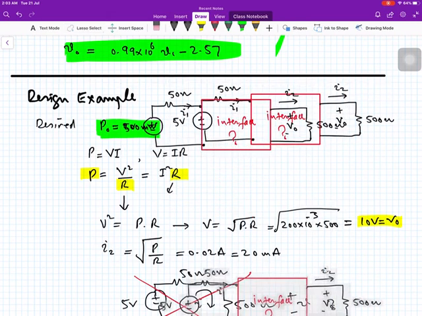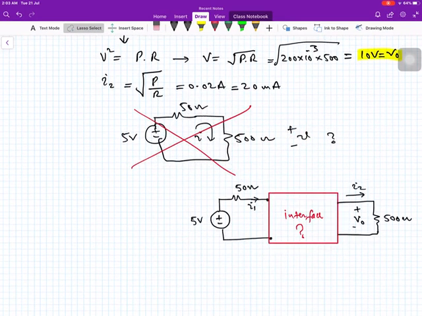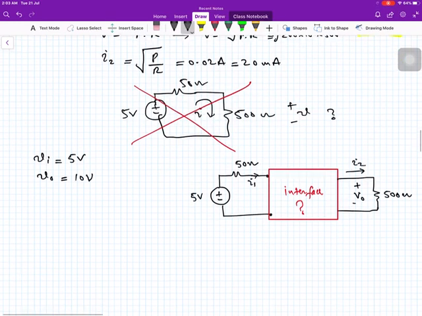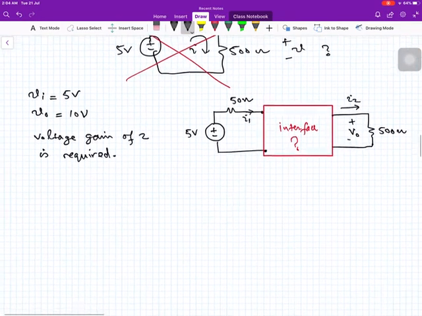I will break it downwards. Now we have seen that our source voltage is equal to 5 volt, and output voltage should be equal to 10 volt. So a voltage gain of 2 is required, and we can do it quite easily.